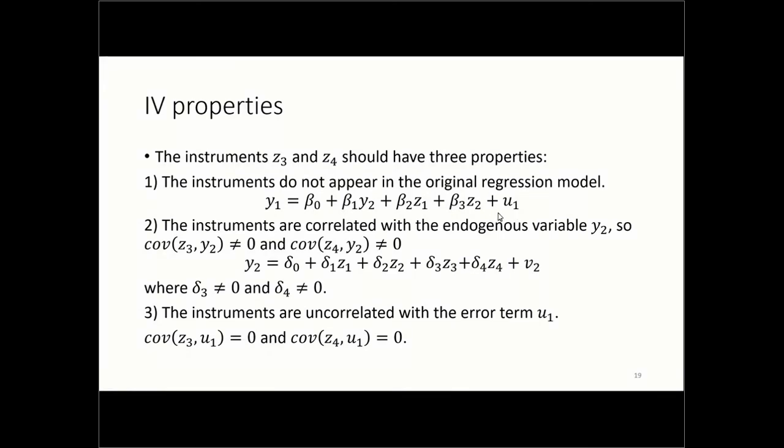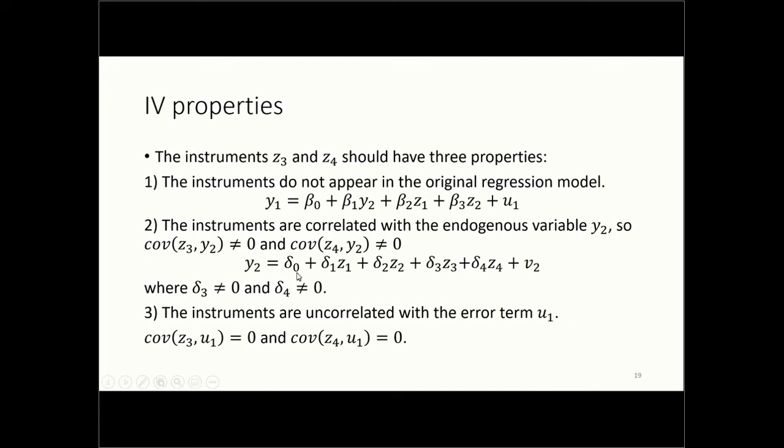The second property is that the instruments are correlated with the endogenous variable Y2. So the covariance between the instruments and Y2 is not equal to 0.